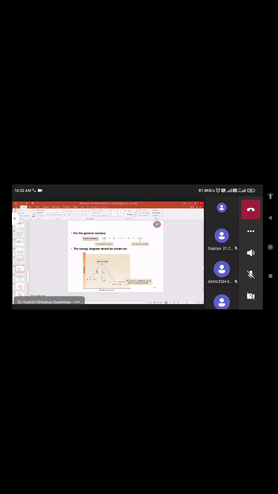If you see this transition state, it is the highest peak in the whole energy diagram. Suppose if you want to reach this level, A to B, you require energy or you will release the energy. What will happen?